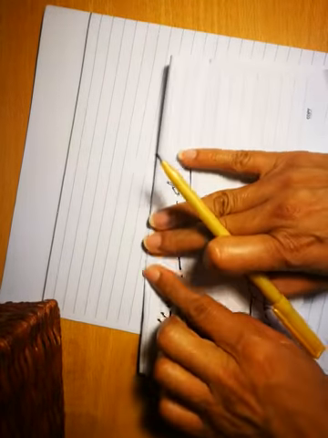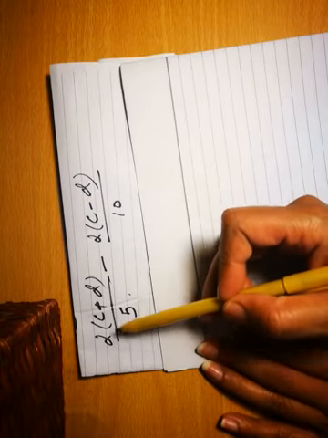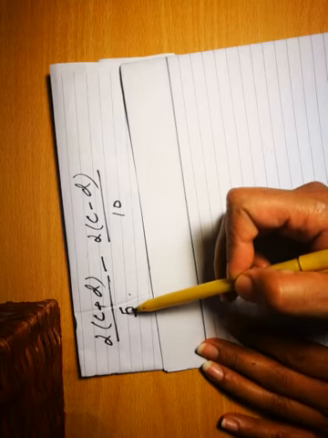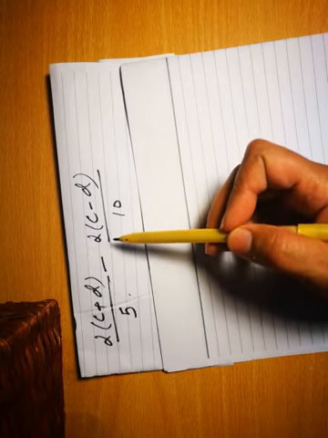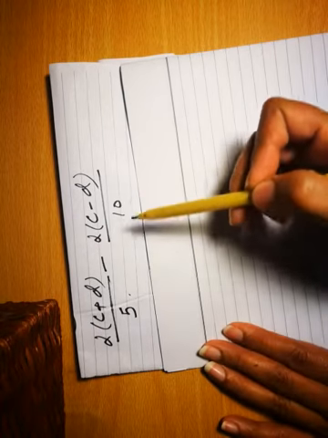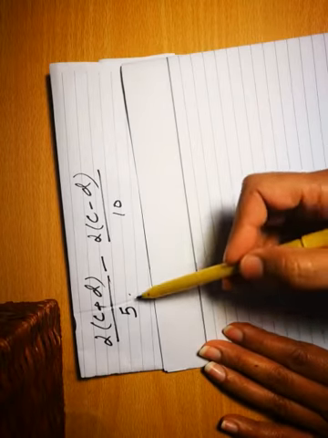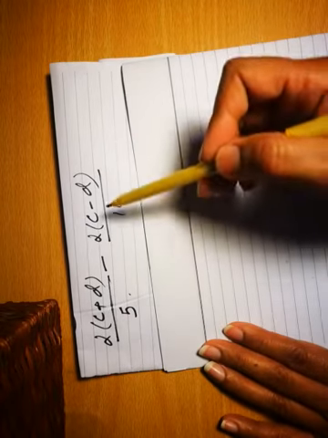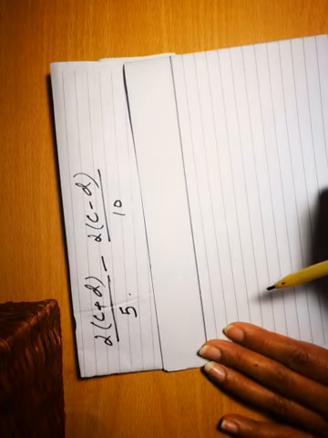Now, the next question is interesting. Can you see this fraction? You are having 2c plus d over 5 minus 2c minus d over 10. Instead of taking LCM directly, that is 10, because multiples of 5 are 5, 10, 15 and so on, and multiples of 10 are 10, 20 and so on, 10 is the least common multiple.